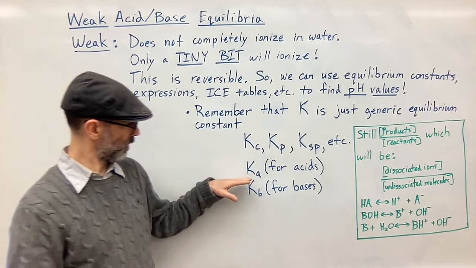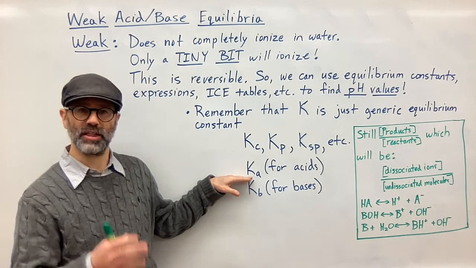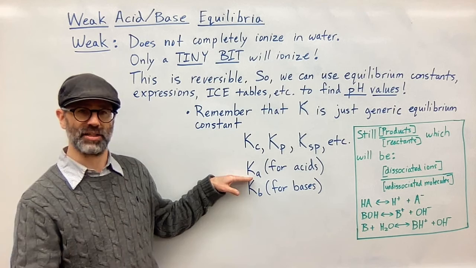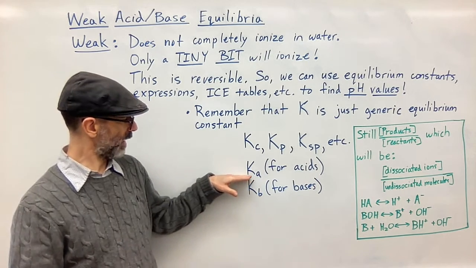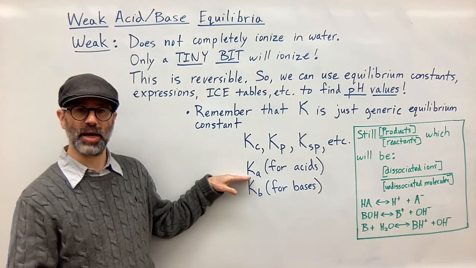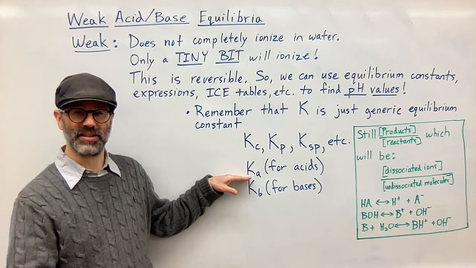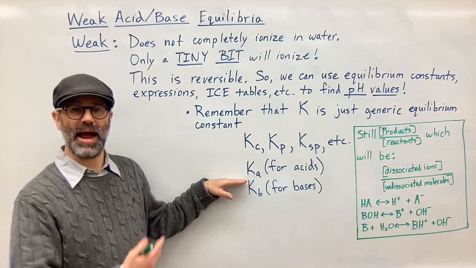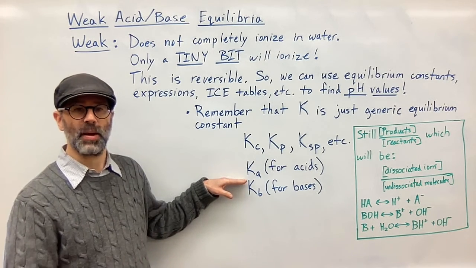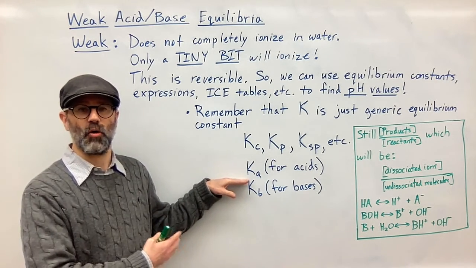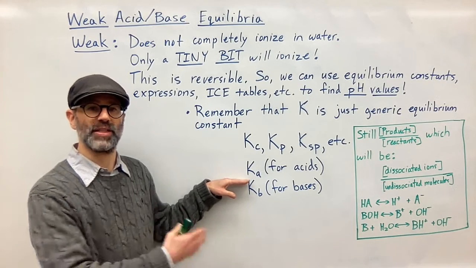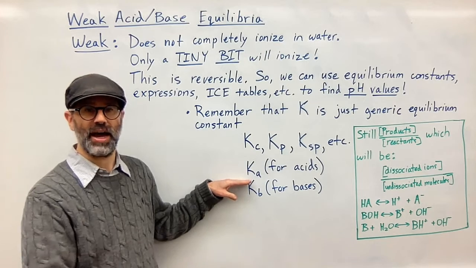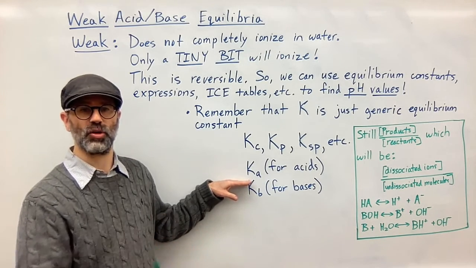So if we're dealing with an equilibrium regarding the dissociation or ionization of an acid in water, then we call that the Ka, the equilibrium constant for the ionization of an acid in water. It's referred to as the acid ionization constant. But that's just a fancy phrase for saying it's the equilibrium constant for an acid that's ionizing in water. And it's only a weak acid, so there's this equilibrium.